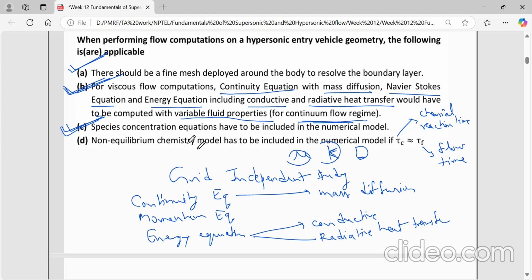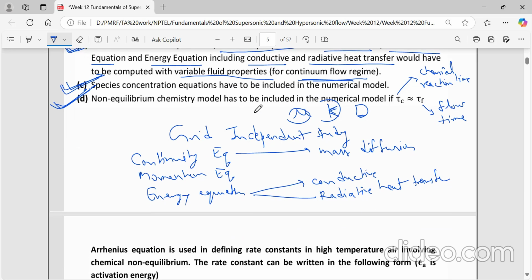Both equations we have to include. So this is also a true statement. So for this problem, all four options are correct. Is there any doubt? If not, then we will see the next problem.